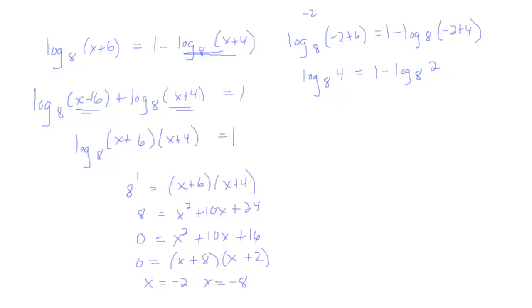Alright, so let's add log base 8 of 2 to both sides. So we would have log base 8 of 4 plus log base 8 of 2 is equal to 1. So this would give me log base 8 of 4 times 2, or 8, is equal to 1, and that checks.